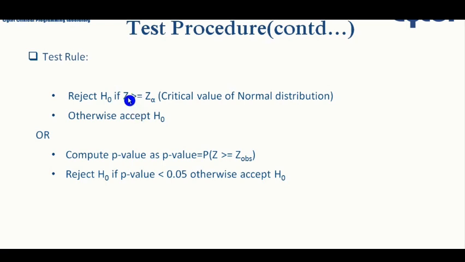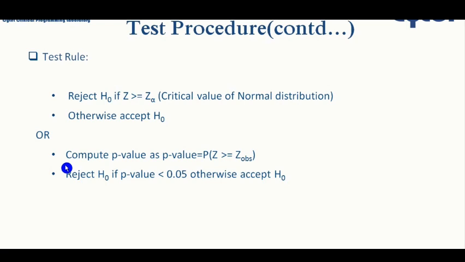So either you can adopt this way or you can adopt this way, which is: compute the p-value as the probability that your Z, normal distribution, is greater than or equal to the calculated value of Z. So compute this p-value and reject H naught if the p-value is less than 0.05, otherwise accept H naught. Even though you don't remember anything, remember this statement: having computed the p-value, SAS gives you the p-value of any test.